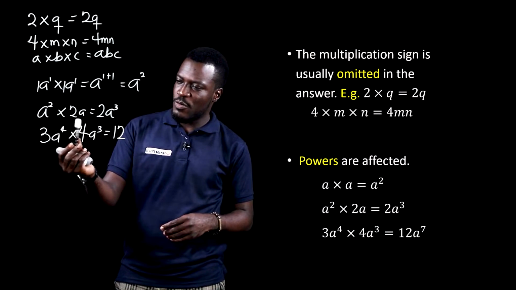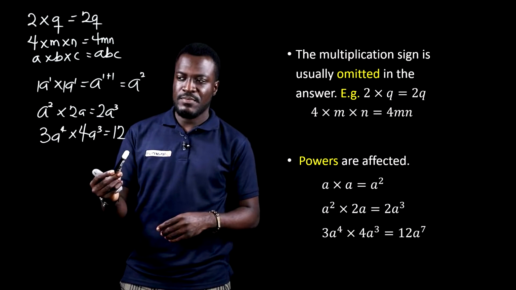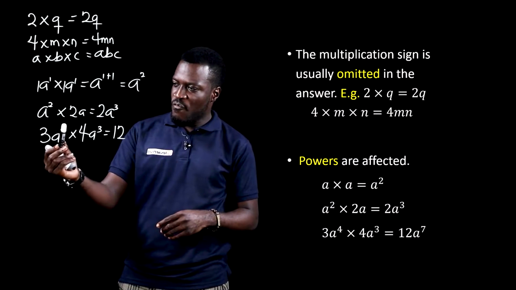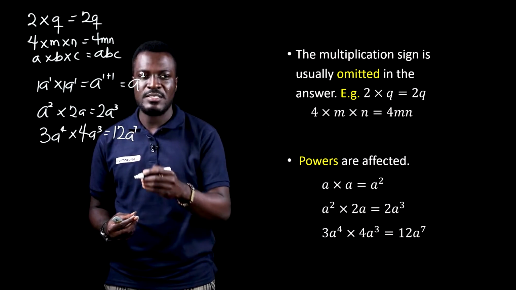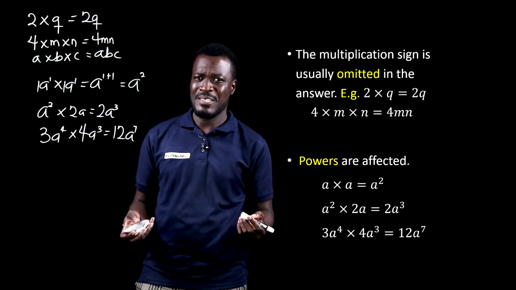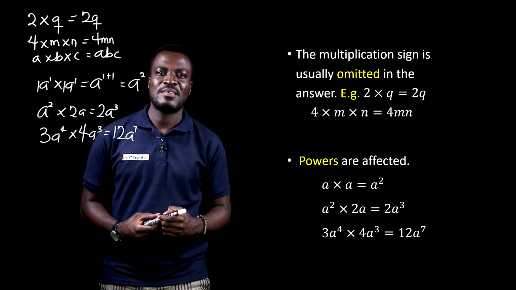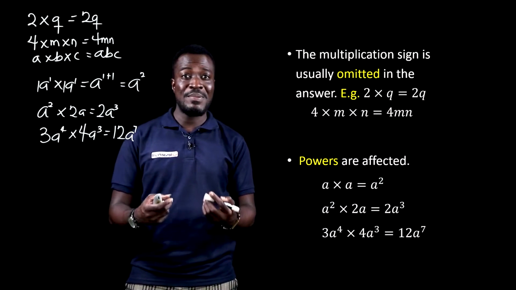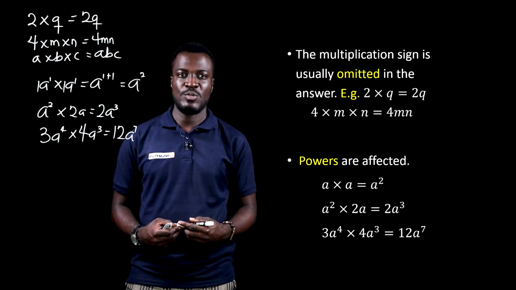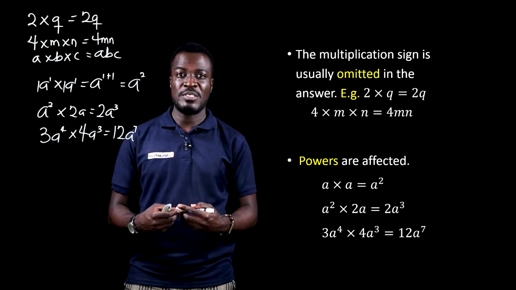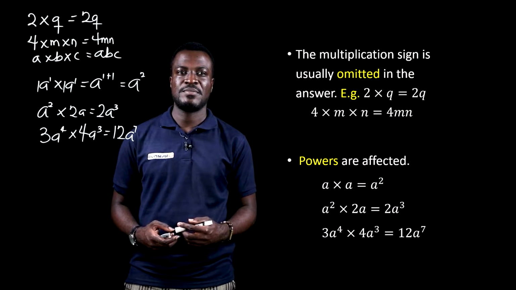This A raised to the power 4 and this A raised to the power 3. They are the same. So 4 plus 3 will give us what? 7. You have A raised to the power 7. Simple, right? Yes. So when we are multiplying and the bases are the same, we add the exponents. So the powers are affected when multiplying algebraic expressions.